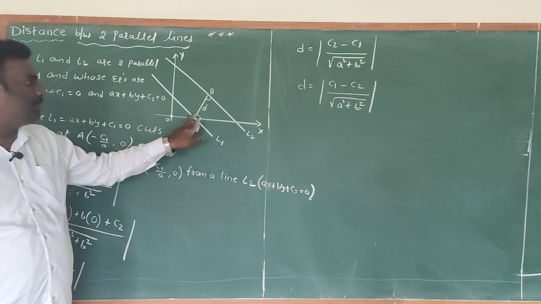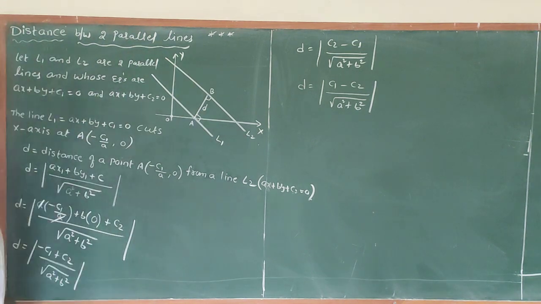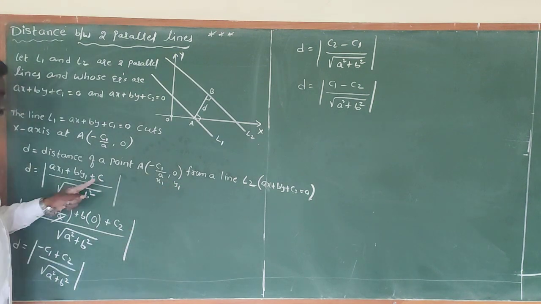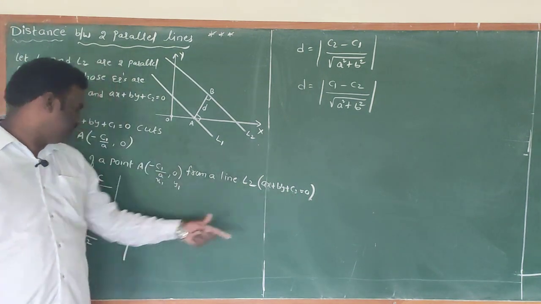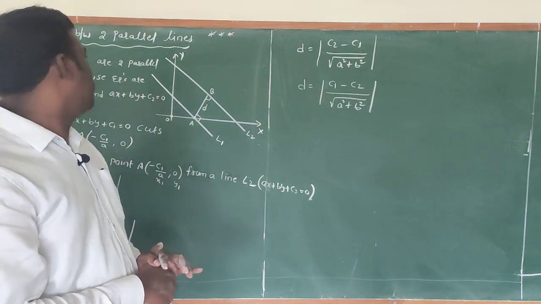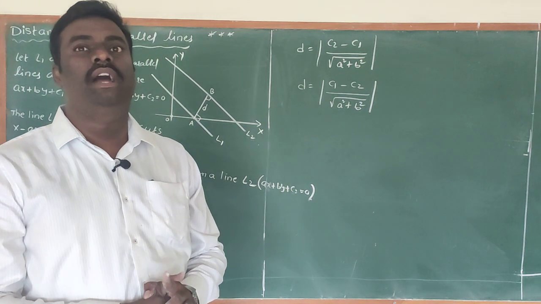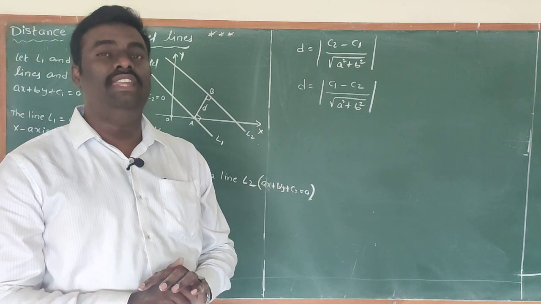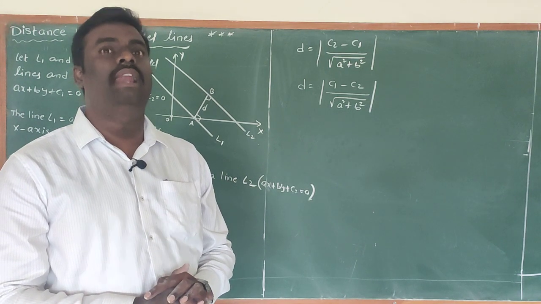Means it is a distance from point to line. How to find distance from point to line? Just now we discussed modulus of Ax1 plus By1 plus C by under root of A square plus B square. So this is x1, this is y1. C means what we have? C2. That's why substitute. Then finally we got the distance formula is modulus of C1 minus C2 by under root of A square plus B square. This is the formula for distance between two parallel lines. Okay.